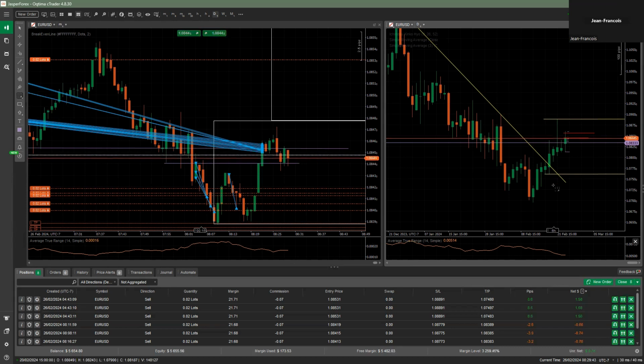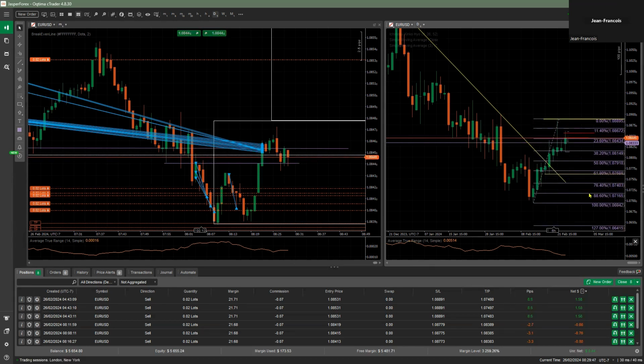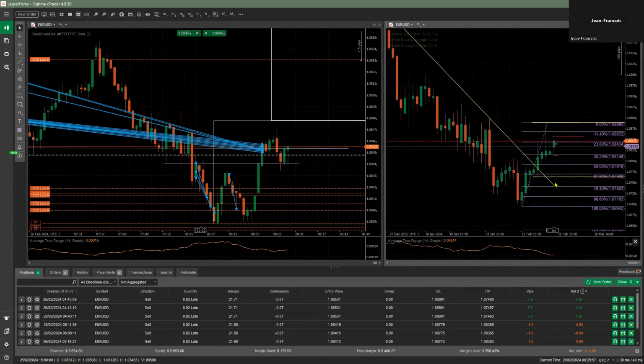And for a target lower, maybe 10 seconds. 76, right in this zone here. That would be a nice place to go to, right? 61% retracement.